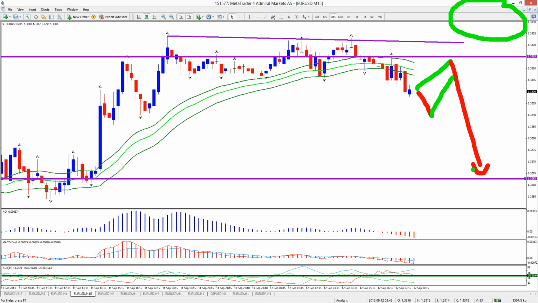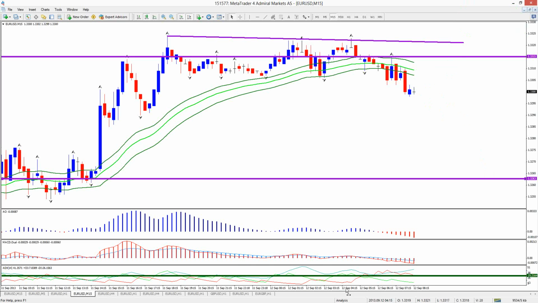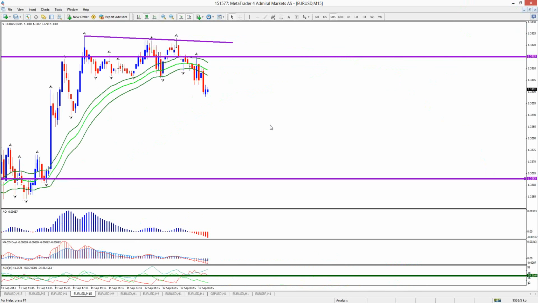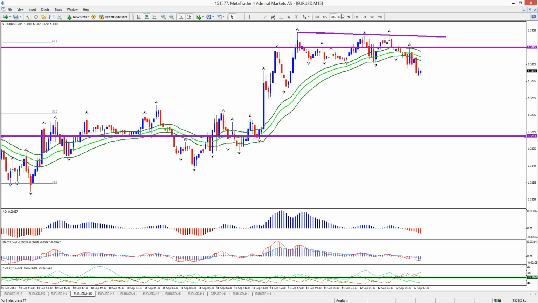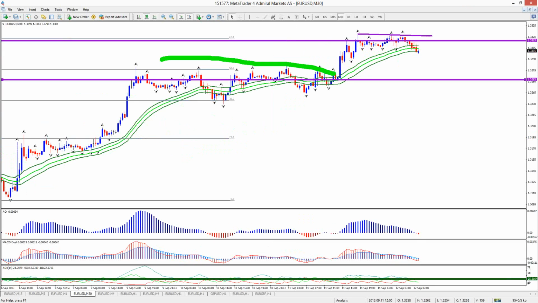All right, something like that. One of these scenarios is going to unfold. And there's always the possibility that it could go into the range, just like it did in here. That's always possible too, indeed. So it's better to wait for more confirmation.